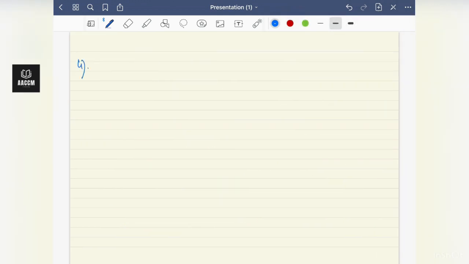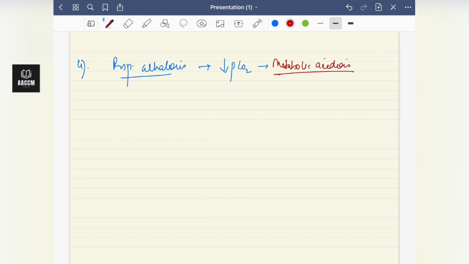Now coming to the last part of this lecture, that is respiratory alkalosis. The primary defect here is the decrease in the PCO2 levels. The compensation here will be metabolic acidosis, so the bicarbonate again should fall. As I told you, there are two events, one acute and one chronic.